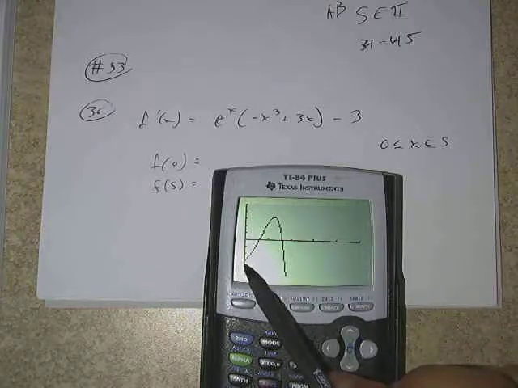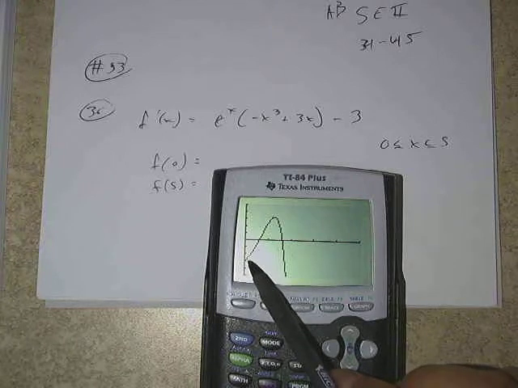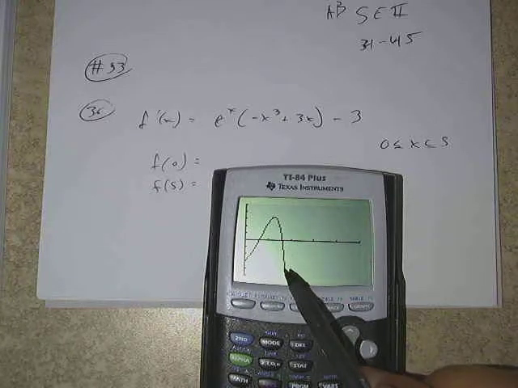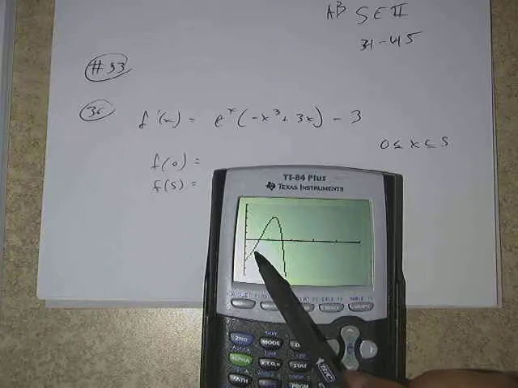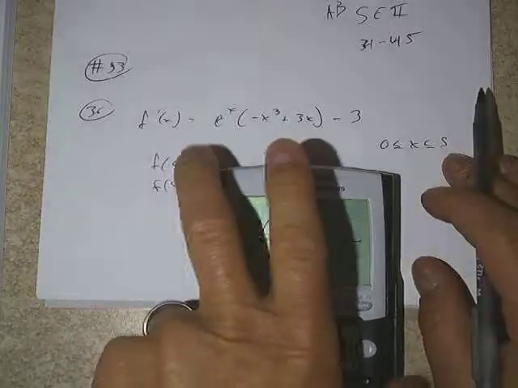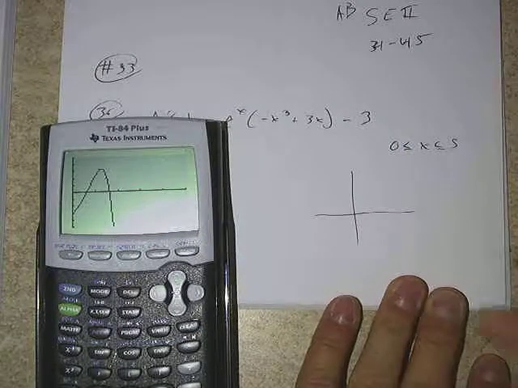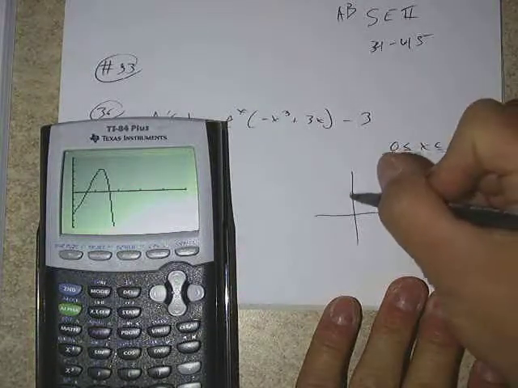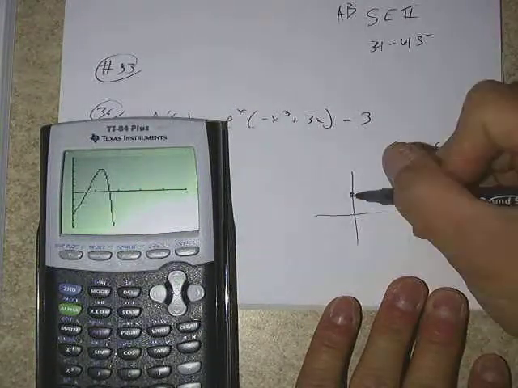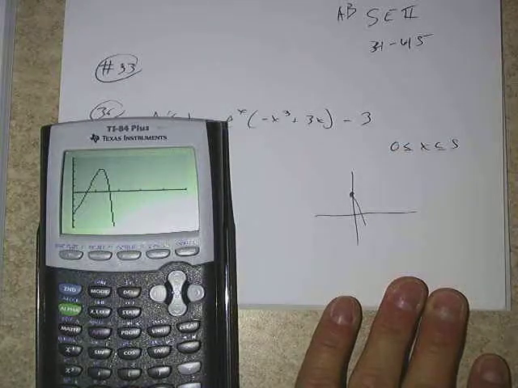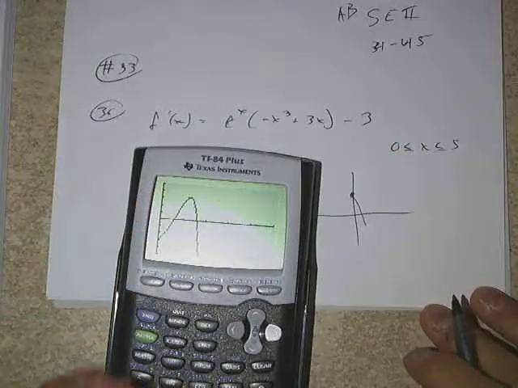Huh? So let's interpret. When x is at 0, the derivative is negative. Remember, we're looking at a picture of the derivative here. Keep that in mind. If I were to mirror a picture of my function itself, wherever it may be, we don't have any function values here, but let's just say for argument's sake, it starts there.